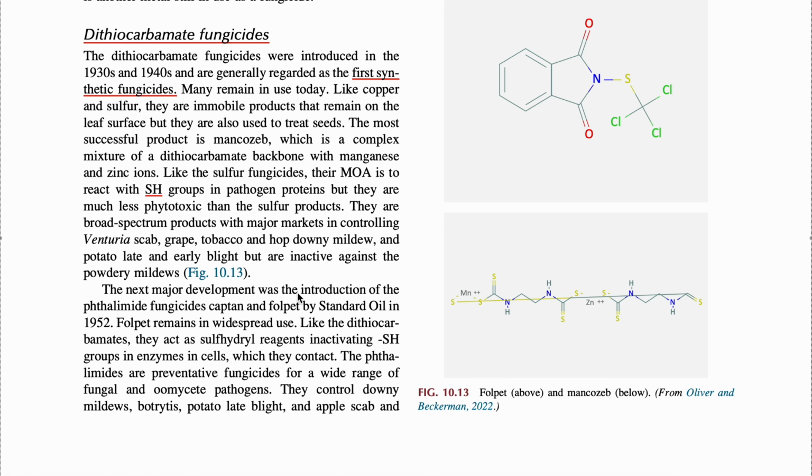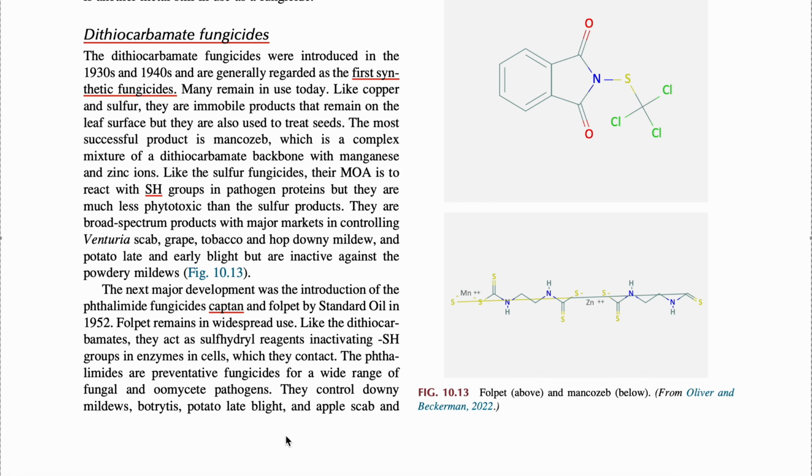The next major development was the introduction of the phthalimide fungicides captan and folpet by Standard Oil in 1952. Folpet remains in widespread use. Like the dithiocarbamates, they act as sulfhydryl reagents, inactivating SH groups in enzymes in cells which they contact. The phthalimides are preventive fungicides for a wide range of fungal and oomycete pathogens.